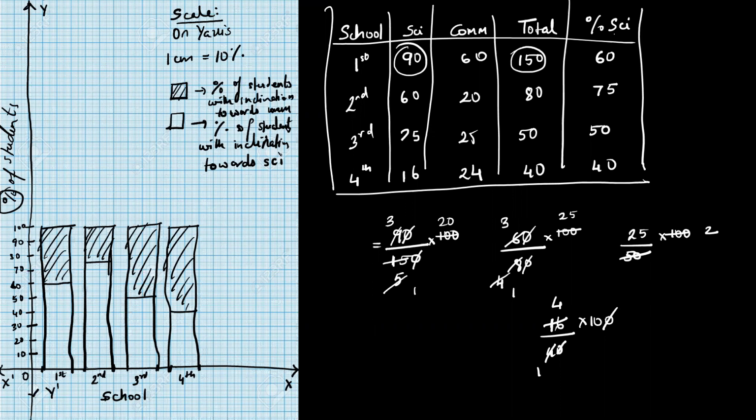Sudha's production of tur is the least. Okay, next one. Let's move to the second. How much percent is the tur production to total production in Ajita's farm? How much percentage is it?